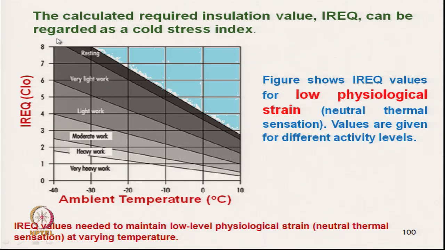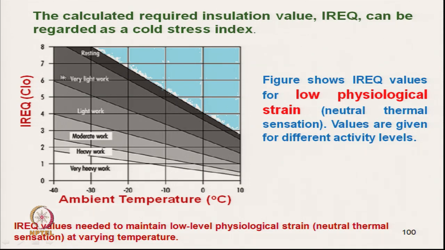What does it show? Suppose a person is at a temperature of minus 20 degrees Celsius. He will require a different level of clo value depending on his activity. Suppose at minus 20 degrees Celsius he is resting; around this zone he needs clothing with a clo value of around 6.5.